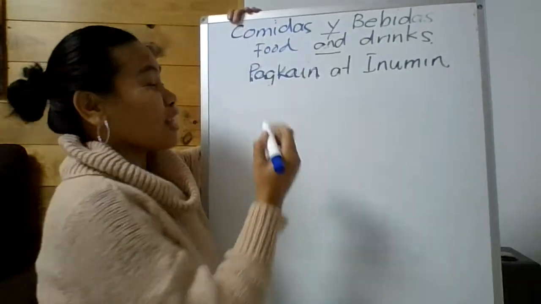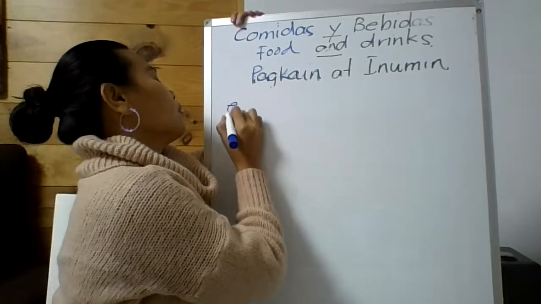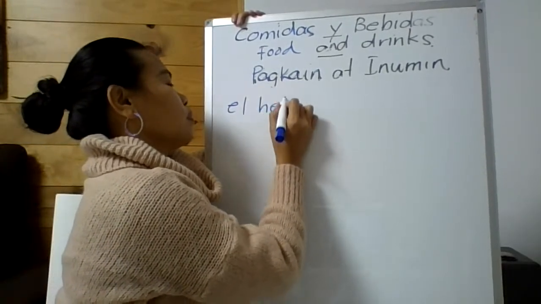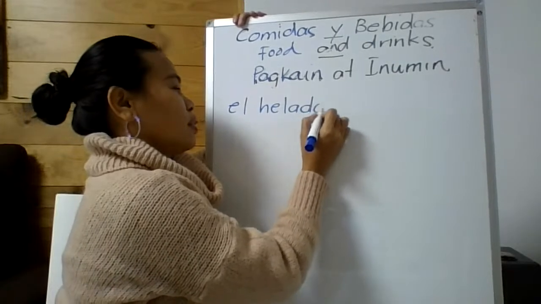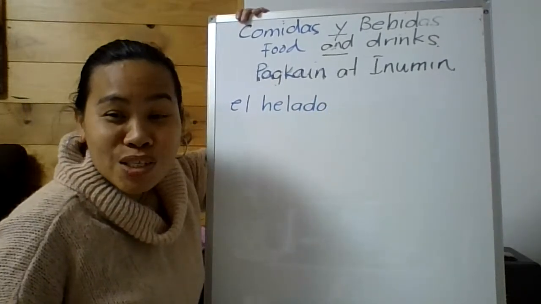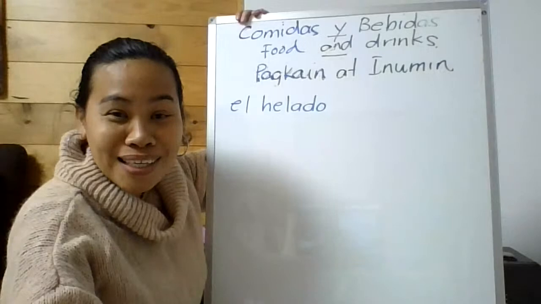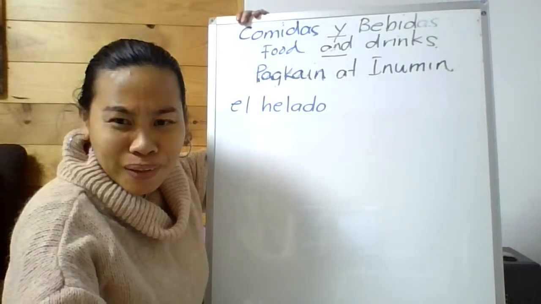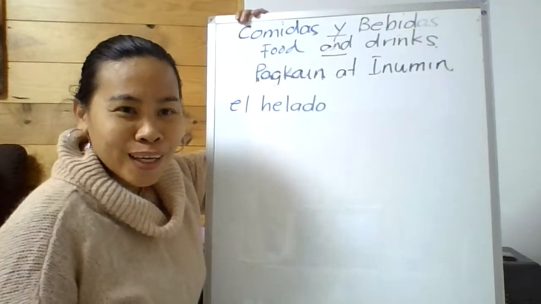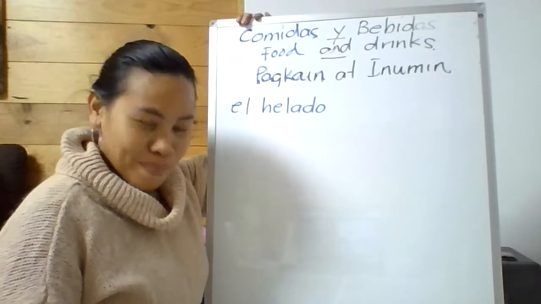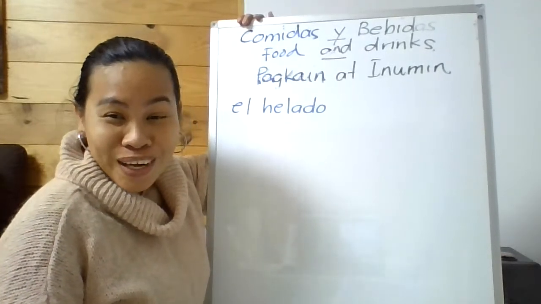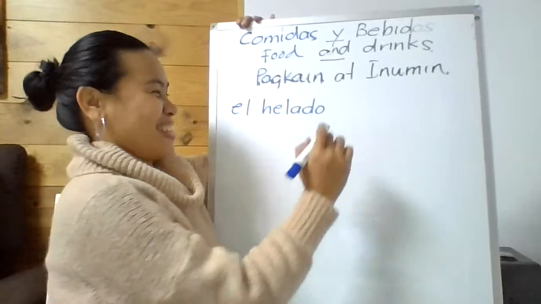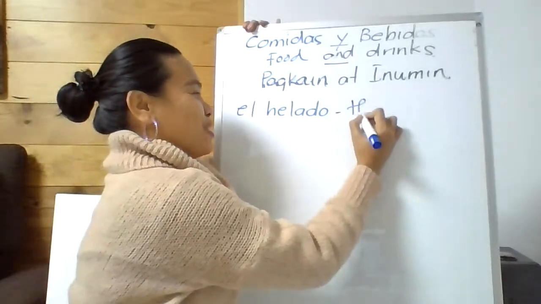Okay. El helado. What is el helado? So normally we eat this during summertime. Oh, a mí me encanta el helado. Me encanta mucho. Ice cream! Yes! The ice cream.